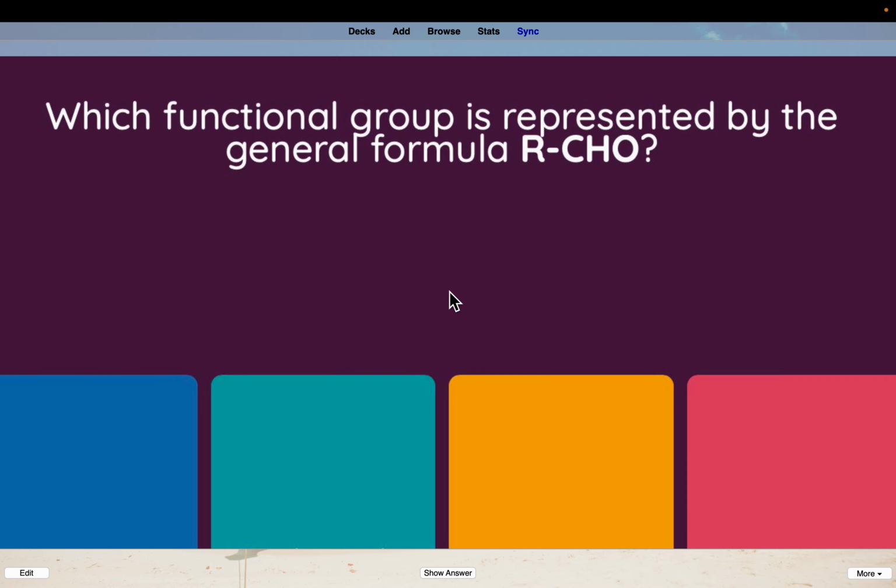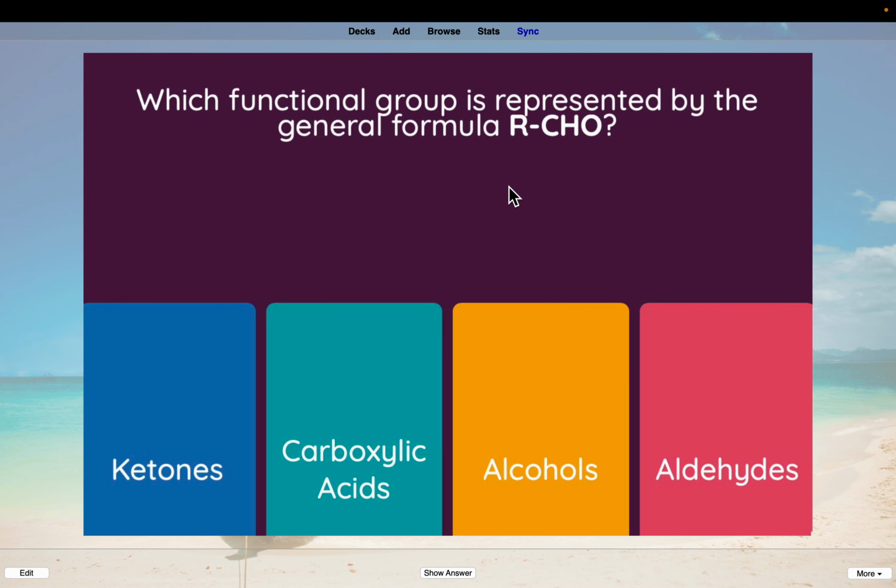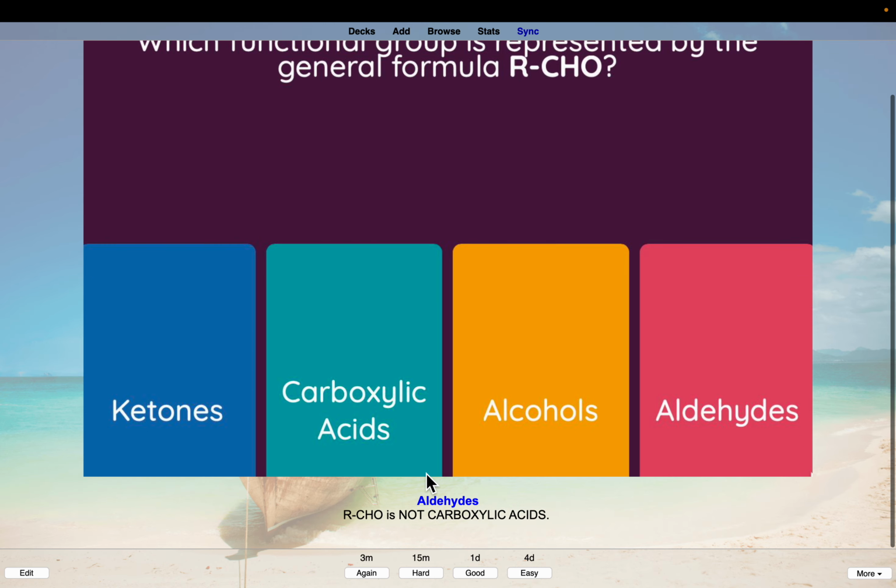Which functional group is represented by the general formula RCHO? So we have CHO, that should be the clue. I think we're dealing with not ketones, maybe carboxylic acids. What's the answer? Aldehydes. Yeah, I made the same mistake as I did before.